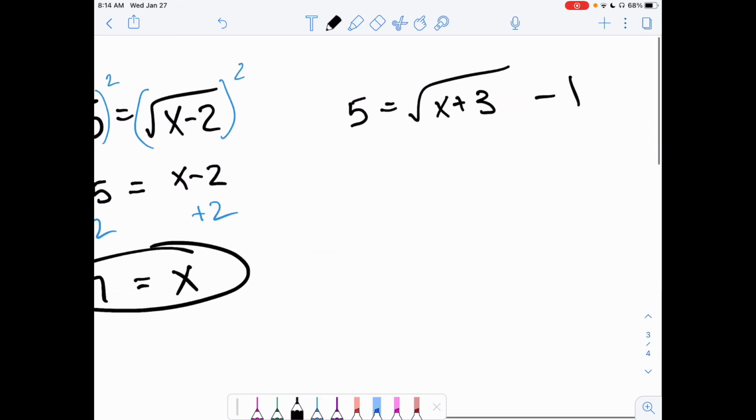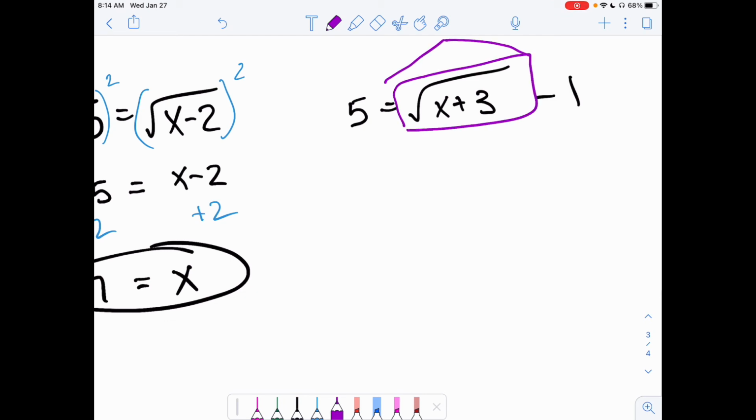Let's look at our third example. We have stuff under the radical and stuff outside of the radical. Think of the radical as a house. We need to take care of what's outside the radical before we can deal with what's inside of it.